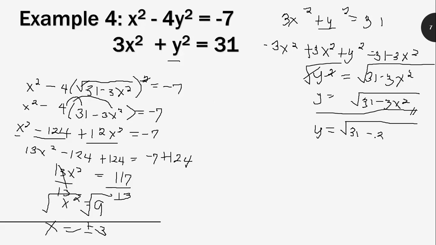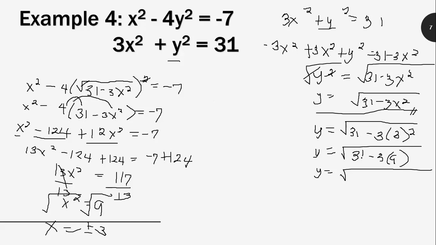Substitute the value of x, which is 3, and then squared. Y is equal to 31 minus 3 squared is 9. Y is equal to 31 po. We have 31, 3 times 9 is 27. 31 minus 27 is 4.